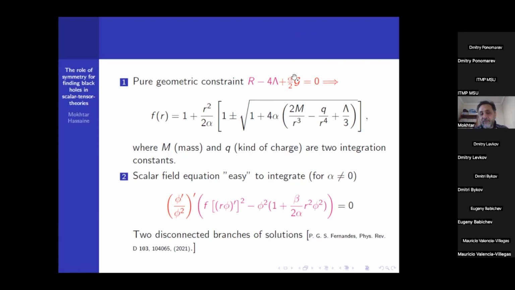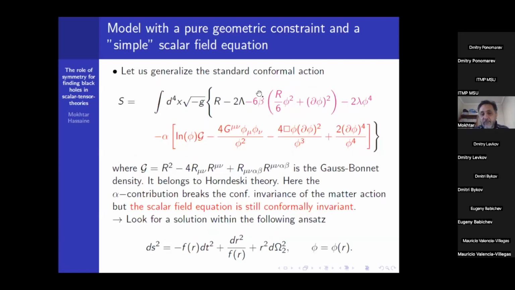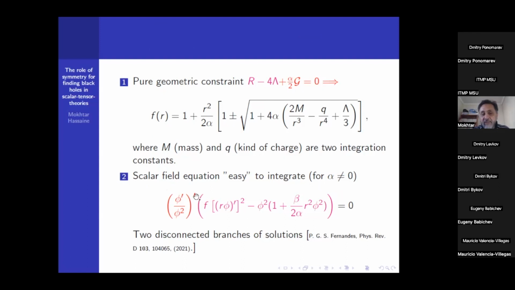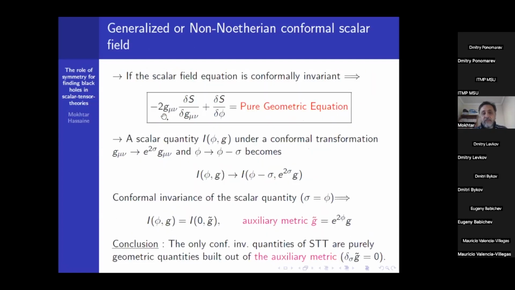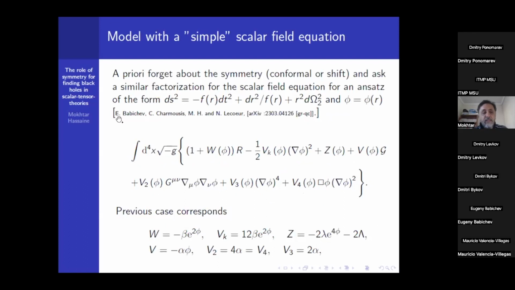So what we decided to do is to find how to extend this model in order to still have a certain factorization of the scalar field equation that allows us to find the form of the scalar field, and then after to see how to get the metric. This is what we were doing with Yevgeny Batvichev, Christos Charmoussis, and Nicolas Lecoeur.